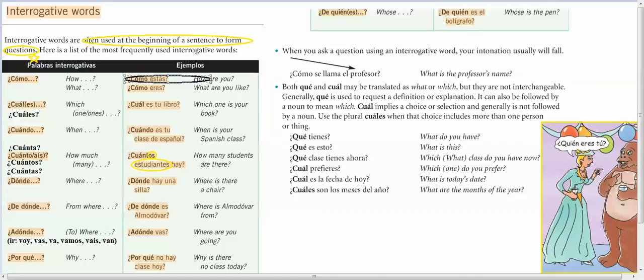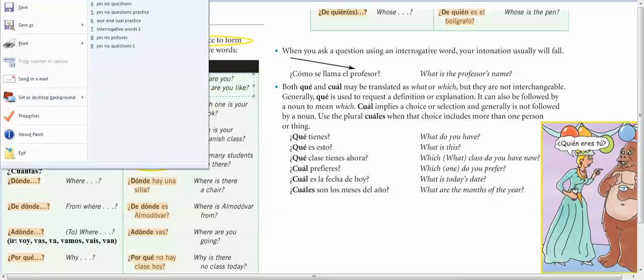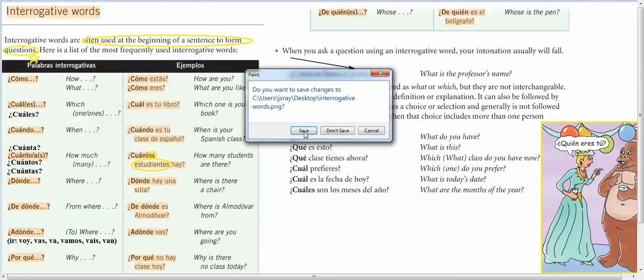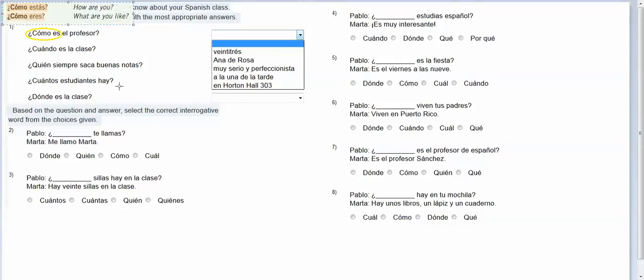Actually, let's go ahead and stick it. So we could stick it in here, I think. I'll just stick it down here.